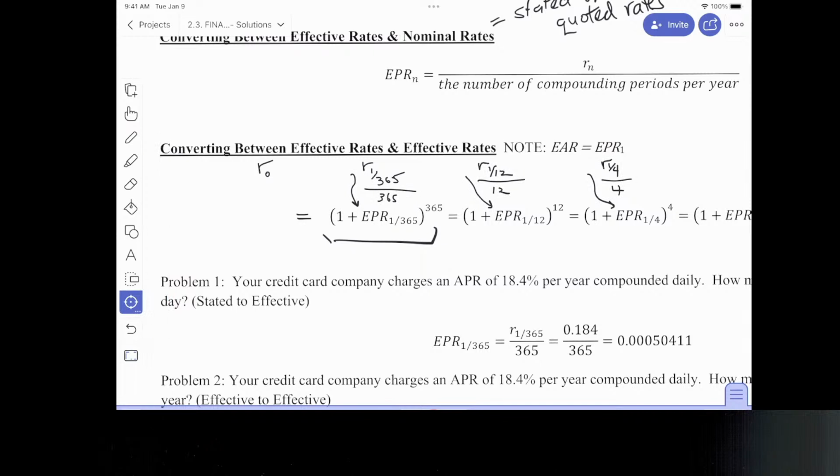The continuous compounded rate is a stated rate, and we write it as R0 because you see these are getting smaller and smaller and smaller to reflect the interval of compounding. The compounding interval is every day, and the smallest you can get is every instant. So that would be 0 size interval.